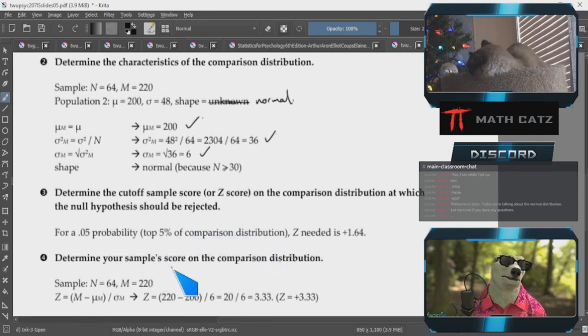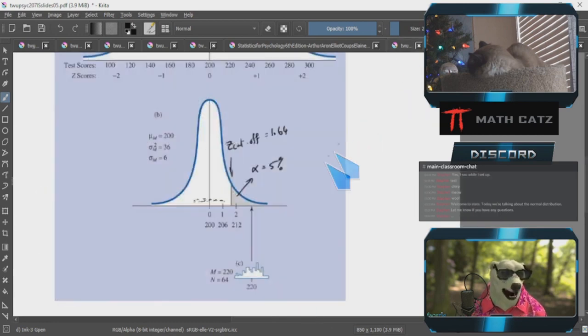We calculate our sample score. Take the sample mean minus distribution mean over 6, which is our standard deviation for this distribution. We get 3.33. That puts us way out there.